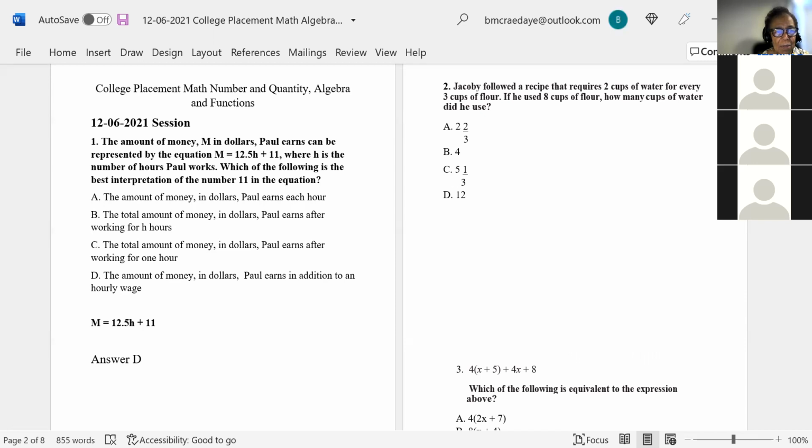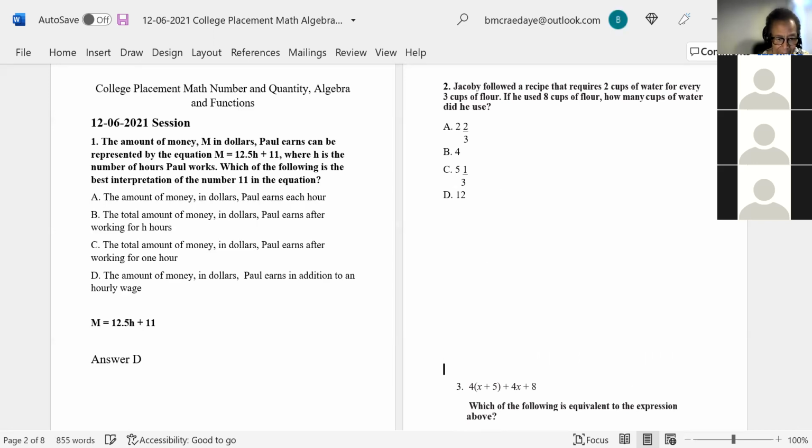Okay. He's measuring. You said this earlier on another problem, but it wasn't the way we would do it. 2 cups of water for every 3 cups of flour, 8 cups of flour, how many cups of water? How would we solve it?